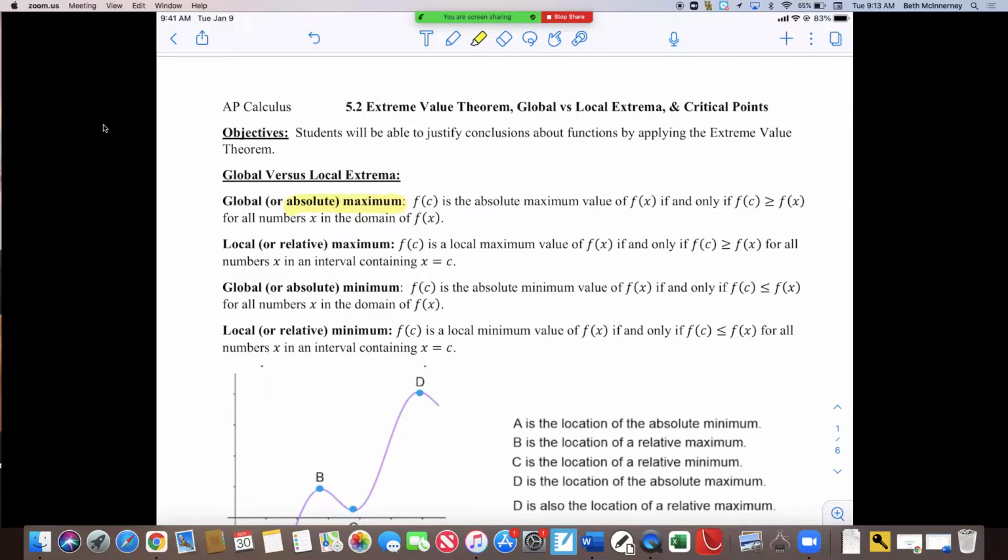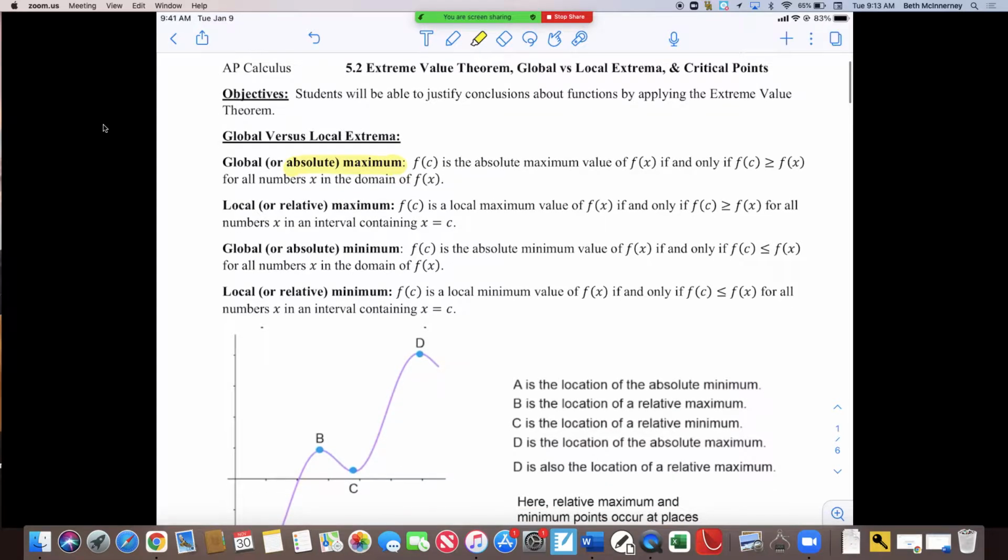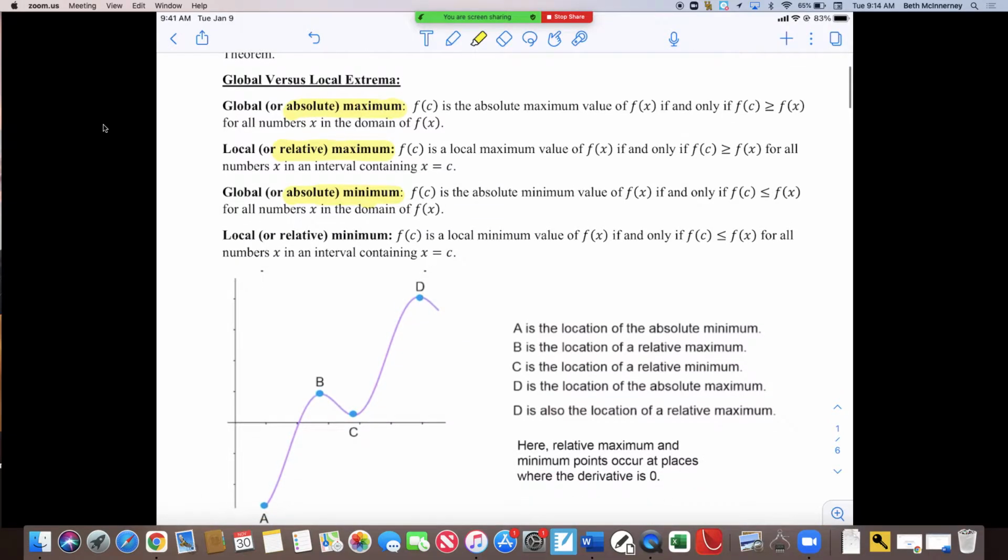Then a local or relative maximum is kind of in a region or in a neighborhood, and I will be using relative maximum. Global or absolute minimum is really the lowest y value anywhere on a graph, and a relative minimum is kind of in a neighborhood. I think of it as a valley, and my relative max is a hill.